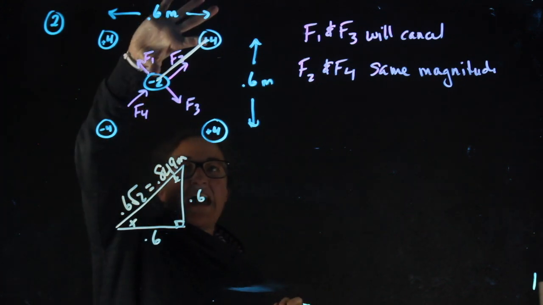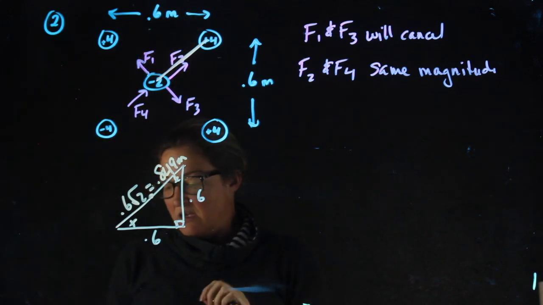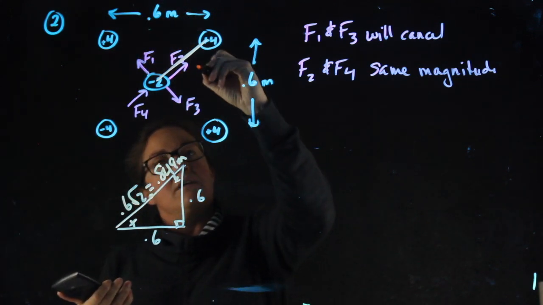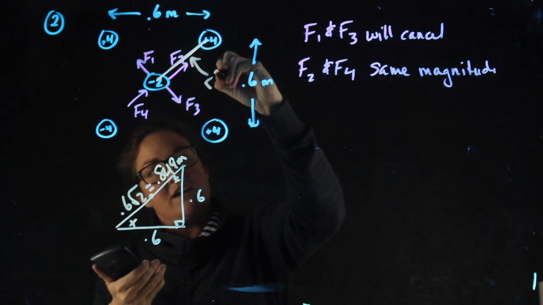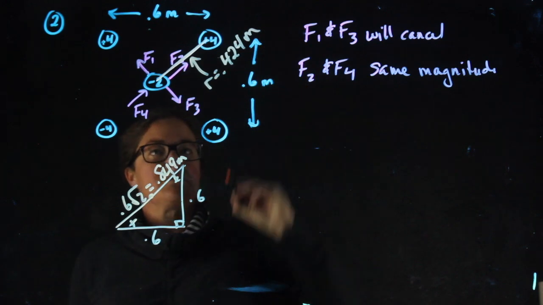But I'm going to want just half of that distance because I'm going from the center over. So 0.849 divided by 2 makes this an R equal to 0.424 meters.